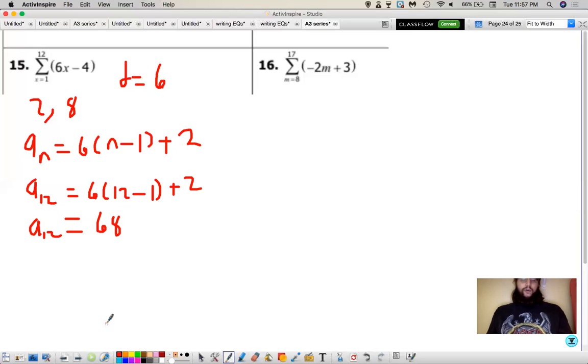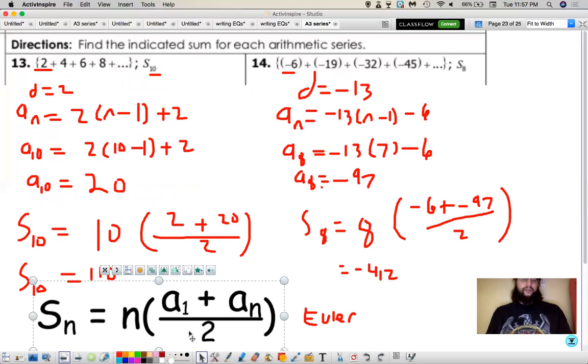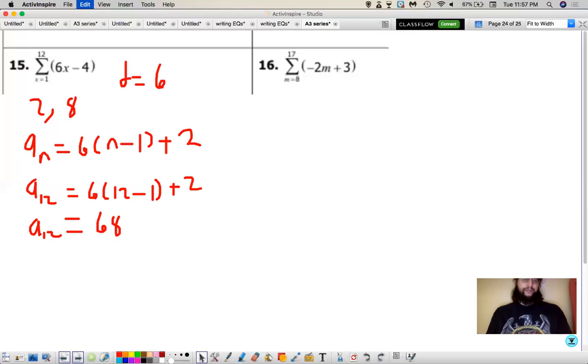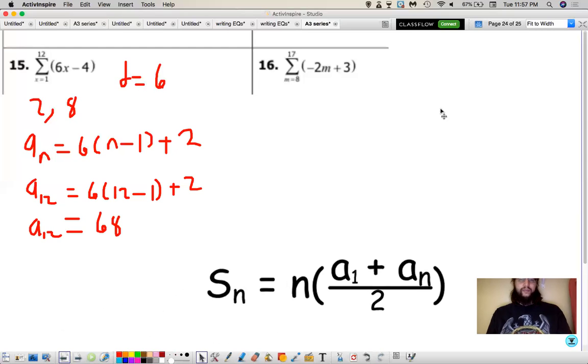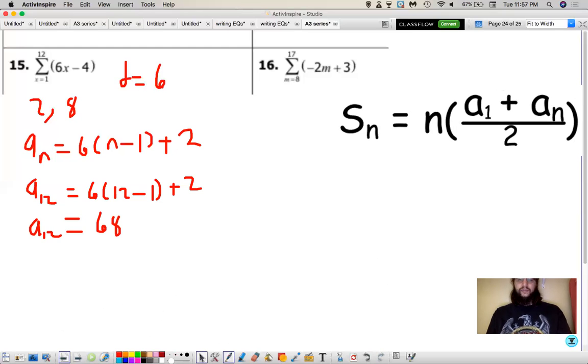So now that formula that we have right here, memorized already, right? Yeah, right. So S sub 12, which is what we're doing, right? We're adding up the first 12 terms. That's what this says to do.